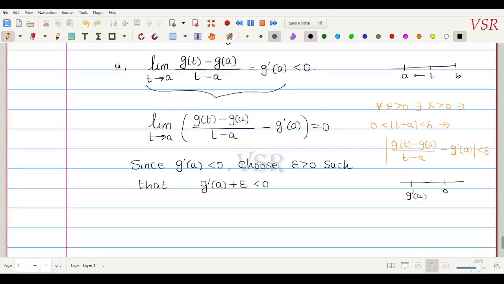You can choose epsilon positive such that இந்த தூரம் தான் epsilon. அப்போ this is g dash of a plus epsilon. Still it is less than 0. இது நெகட்டிவா இருக்கிற மாதிரி எடுத்துக்கலாம்.